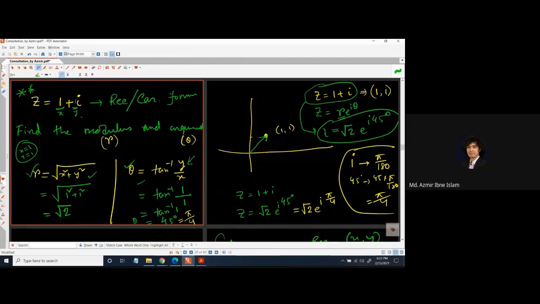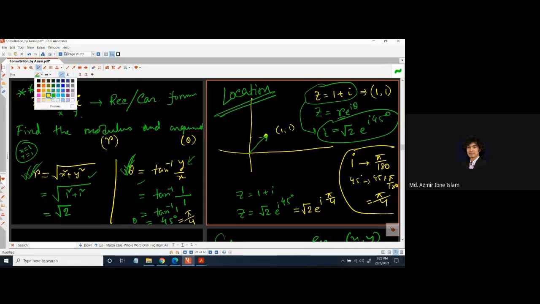The formula that we have here, tan inverse y over x, will sometimes give you an argument that does not go with the actual complex number. In that case, you have to correct the argument by adding 180 degree or subtracting from 360 degree, like that. So besides using these two formulas, please try to note down the location of that complex number.